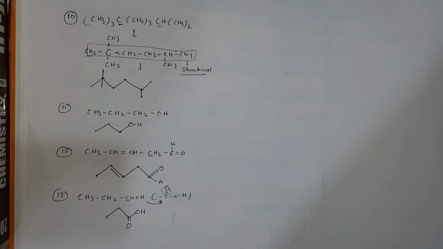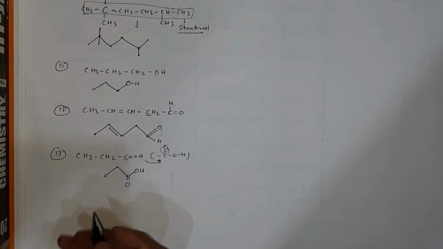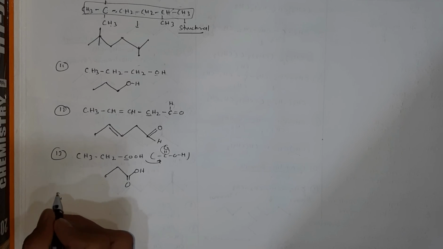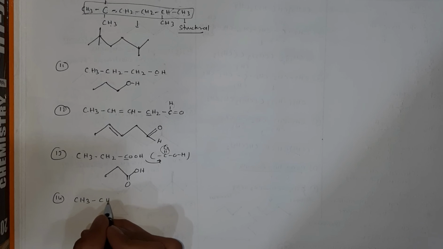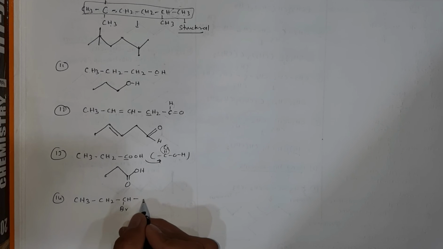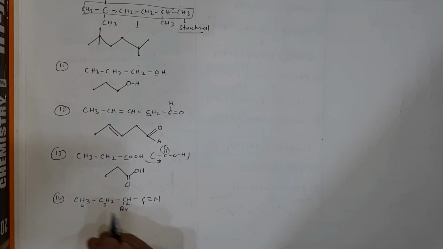Okay, now suppose we introduce one more group, a halogen group, in it. CH3, CH2, CH, Br, a halogen bromine, attached to C triple bond N, cyanide. So now this is your main carbon, first carbon, second, third, fourth.